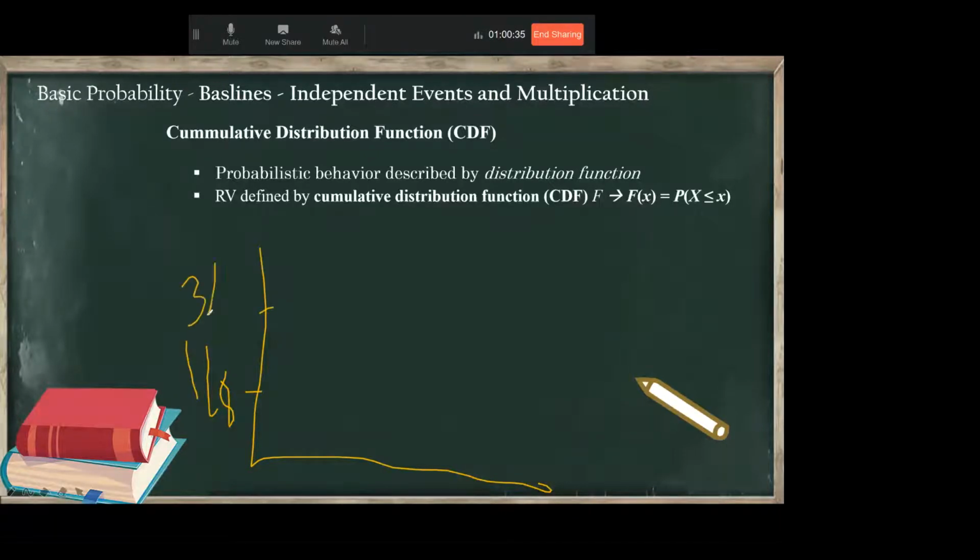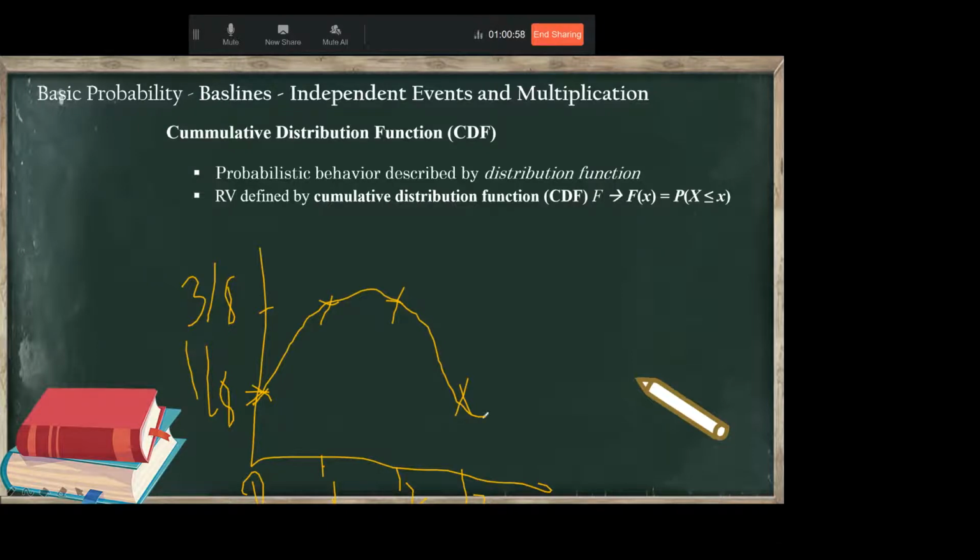This is 3 by 8. So we know 0, 1, 2, 3. At 0 it is this point. At 1 it's this point. At 2 it's this point. At 3 it's this point. So this is going to be a probability distribution in a simple way.